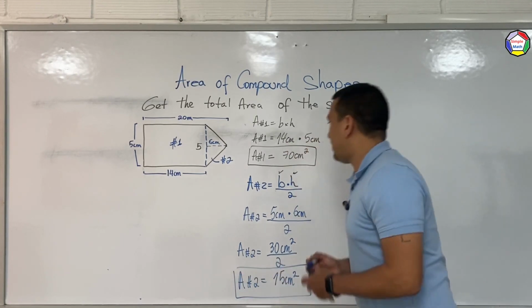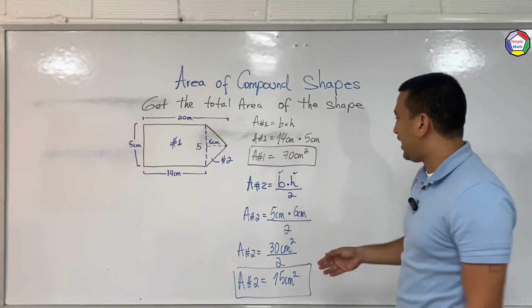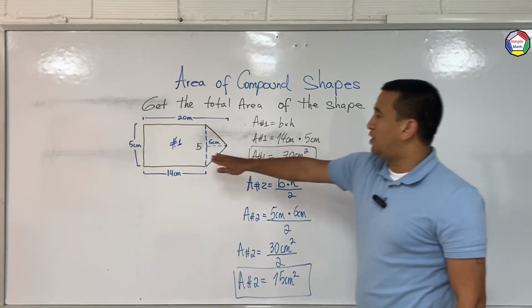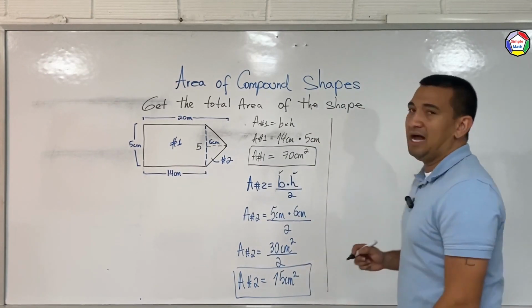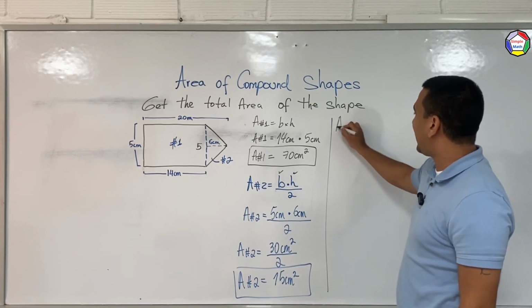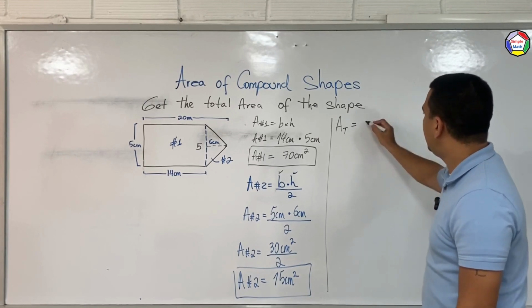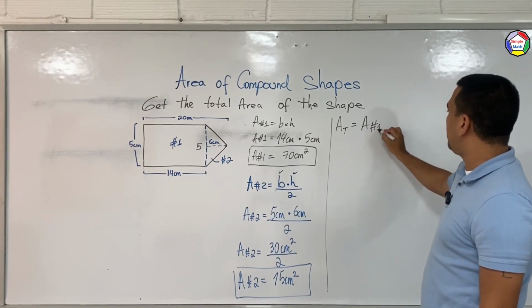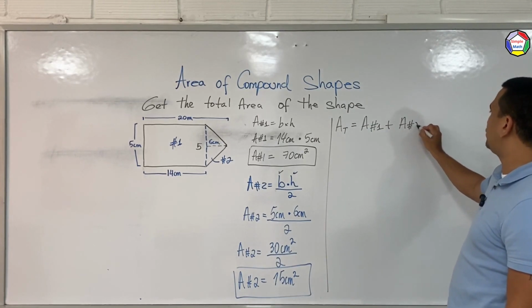Remember, to calculate the area of the compound shape, we add the area number 1 plus the area number 2. That's the way we calculate the compound area. So the total area, AT, is equal to the area of the shape number 1 plus the area of the shape number 2.